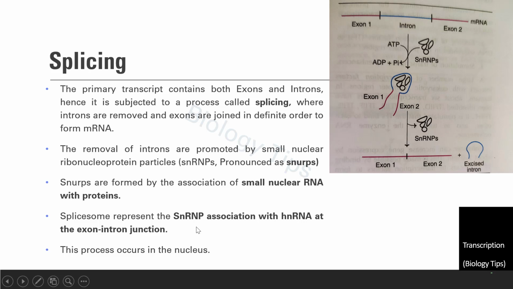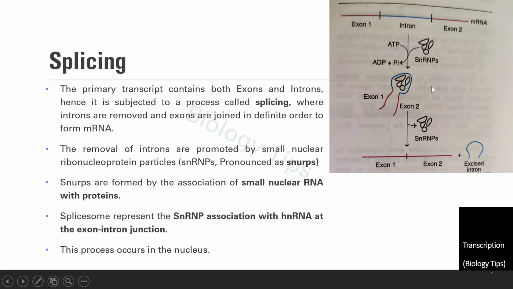Spliceosome represents the snRNP association with hnRNA at the exon-intron junction.